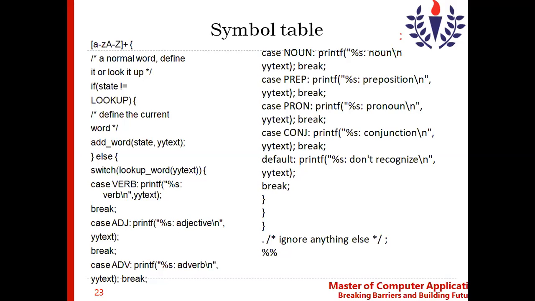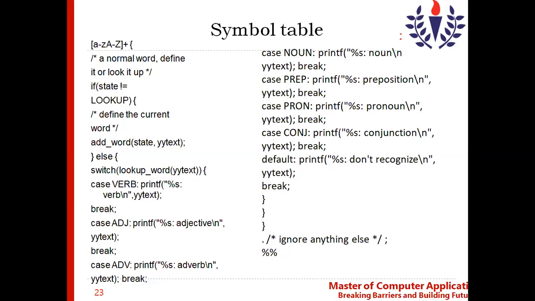When it returns, it will return some number. Based on the number, we'll be able to find out whether it belongs to verb or adjective. So if it is a verb, then print it's a verb, and what is the verb, the yytext. That will be done in the else part. So there are two possibilities. One is that the user wants to add words with their type into the linked list.